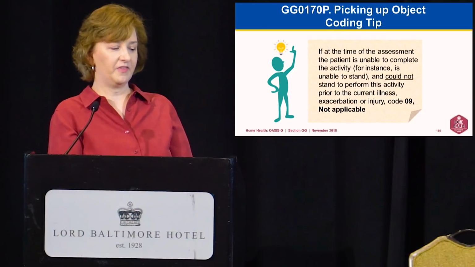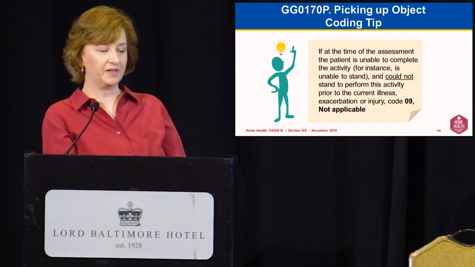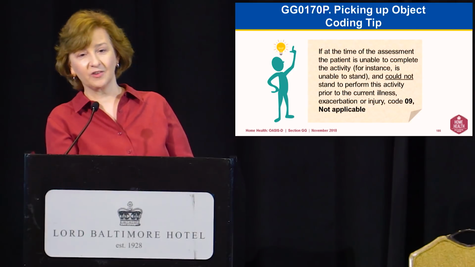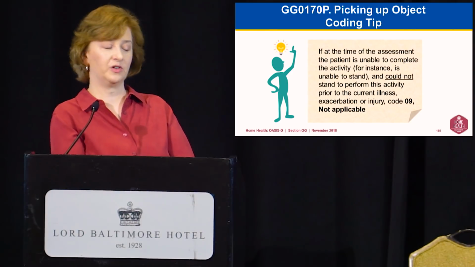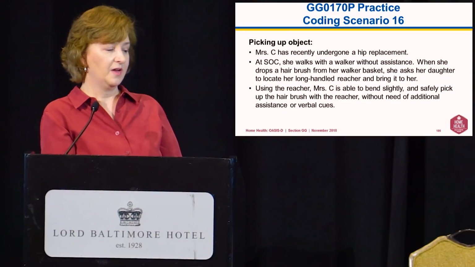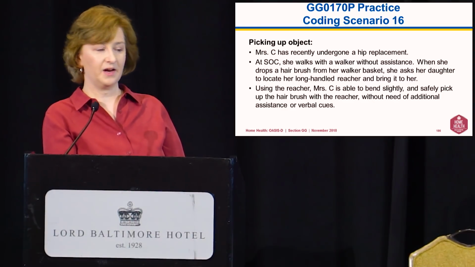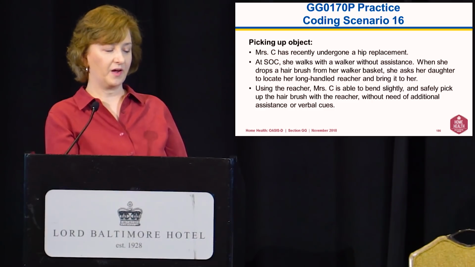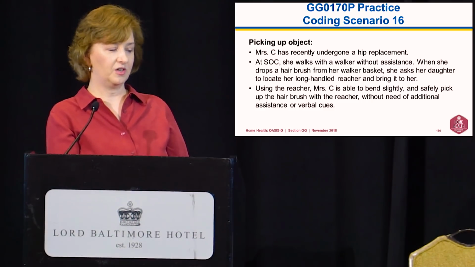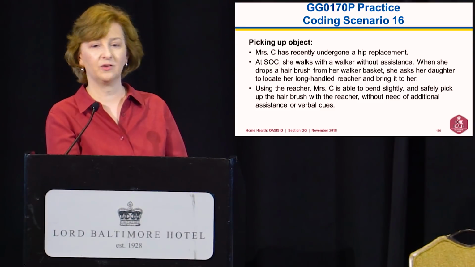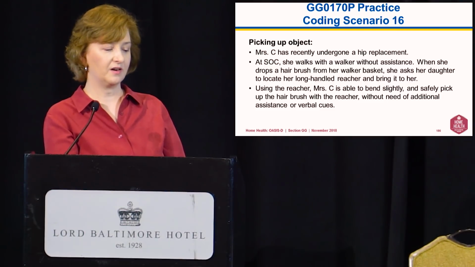If at the time of the assessment, the patient is unable to complete the activity and could not stand to perform this activity prior to the current illness, exacerbation, or injury, you would code 09. We do have one scenario here. Mrs. C has recently undergone a hip replacement. At SOC, she walks with the walker without assistance. When she drops a hairbrush from her walker basket, she asks her daughter to locate her long-handled reacher to bring it to her.